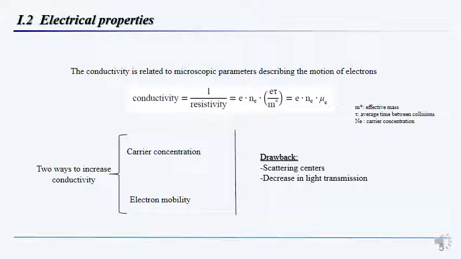According to this, we have two ways to increase the conductivity. The first way is by improving the carrier concentration, hence the doping concentration, and a second way is by improving the electron mobility. But we have some limitations since heavy doping can have disadvantages such as acting as scattering centers and then reducing electron mobility and decreasing the light transmission.